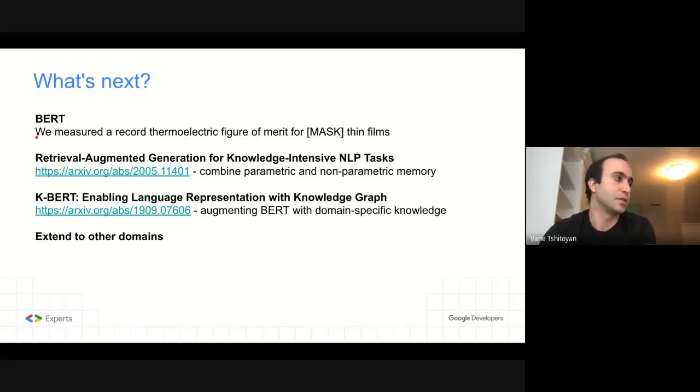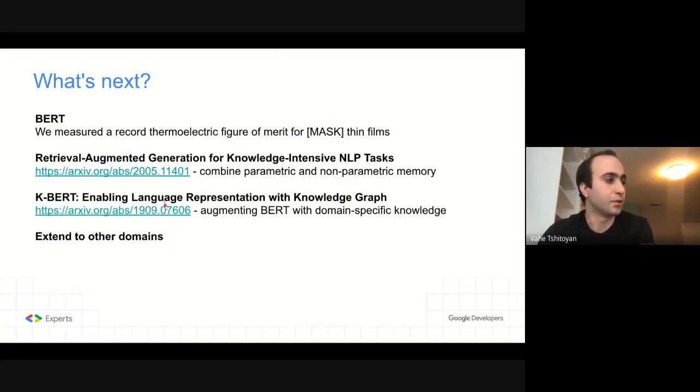So in this case, let's say we measured the record thermoelectric figure of merit for rubber thin films, mask, which could be a material, and you could ask your BERT model to fill this in. And maybe when it's filling this in, it suggests some candidates that could be good for whatever discovery or hypothesis you want to generate. This doesn't have to be an application. This could be any snippets at this point.